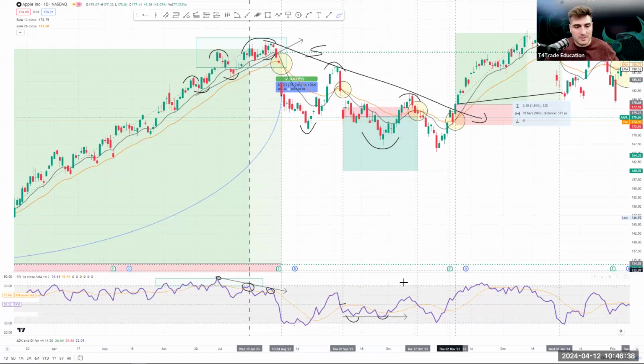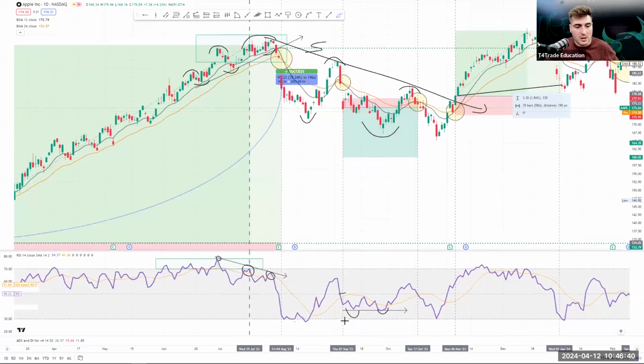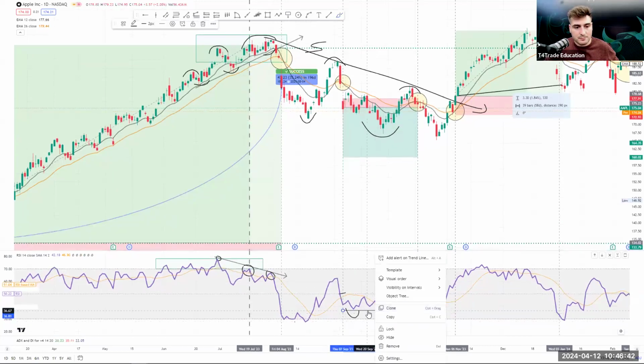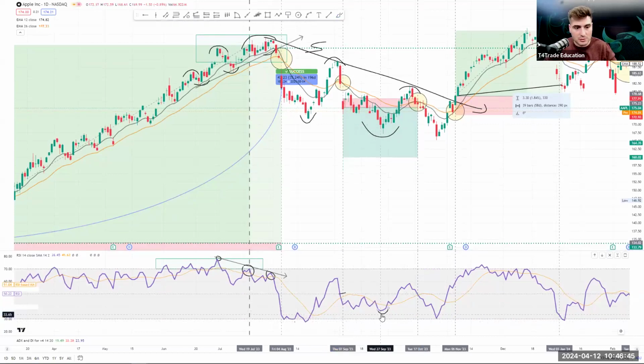Okay, let me make this much clearer. After this, we have a lower high. So the RSI does not validate the price action because we have a lower low, lower high, lower low, lower high, lower low. Does this appear on the RSI as well? No. And this is why we pay attention to the RSI for exits.